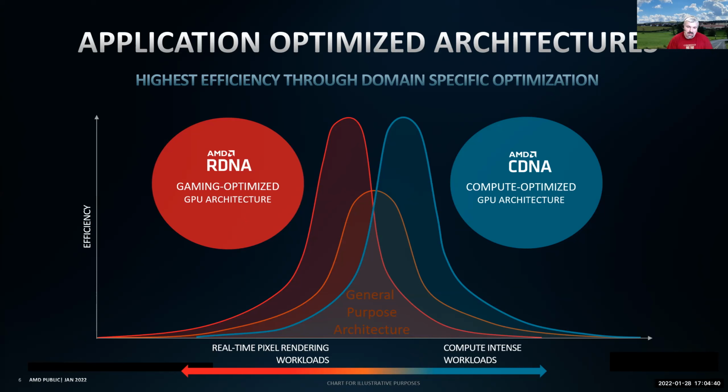And so this is what we did at AMD with the Instinct architecture. It is now based on CDNA. That's the compute architecture that we use for our GPUs. And we separated out the Radeon product line that is now the client and high-end graphics market.